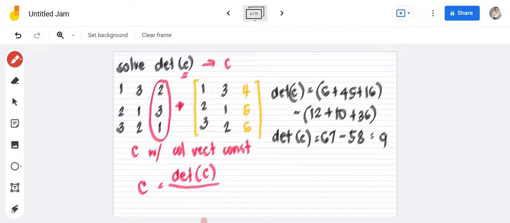So substituting now, the unknown C is computed as the determinant of the matrix wherein we have replaced the C column, divided by the determinant of your coefficient matrix. That is 9 divided by 18, or simplified, 1 half.